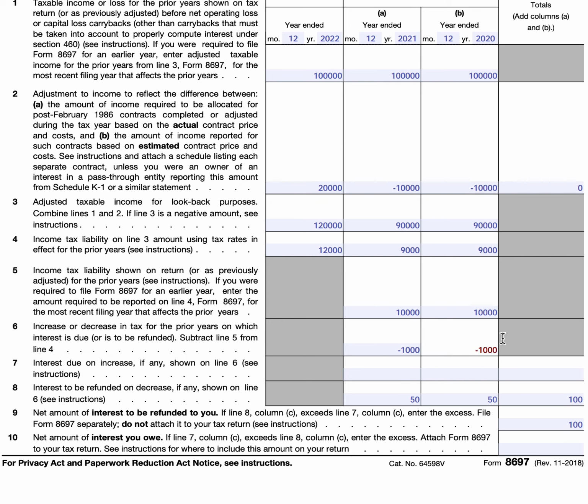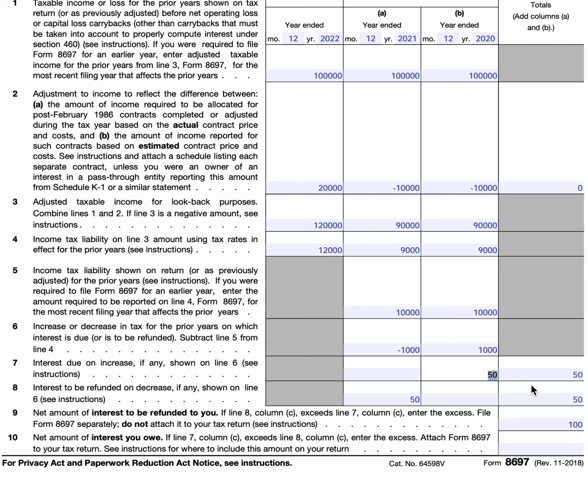Now let's imagine that we actually owed $1,000, and so now this $50 goes up here. So instead of having $100 come back to us, we actually have 50 and 50, and then we would have to net those out and determine the refund, which in this case would be 0.